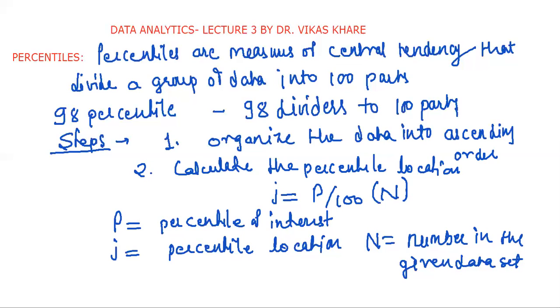In the next step, we find the percentile, then determine the location by two conditions.